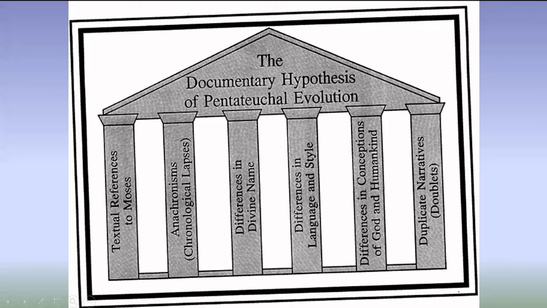Criticism number 4, differences in conceptions of God and humankind. For example, Abraham is presented in one text as a liar, and in the next chapter he's referred to as the hero of faith. So how can one author be so inconsistent, right? Here's the response: the Bible is one of the most honest books in antiquity.